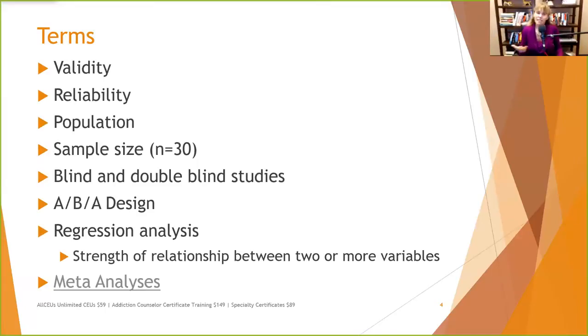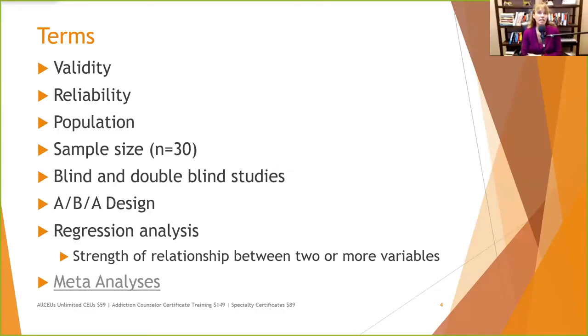But if you're looking at the clients you're treating right now, your sample size may be a little bit smaller just because you don't normally carry a caseload of 30 people that meet this criteria. And that's okay. I mean, you're not trying to get published in a refereed journal. You're trying to understand your own practice and what works with clients and what may contribute to attrition.